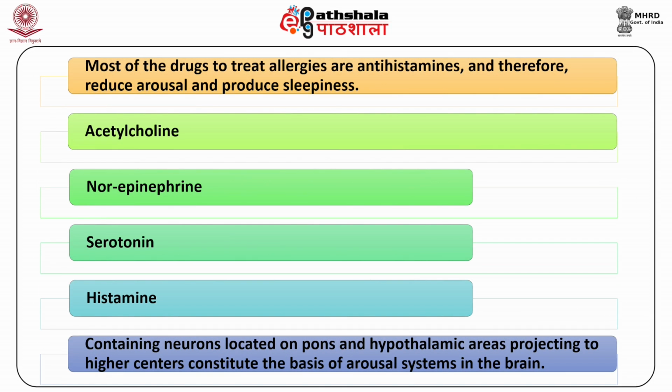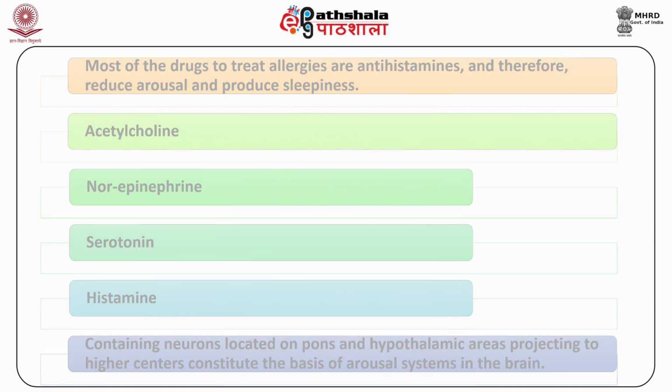Most of the drugs to treat allergies are antihistamines and therefore reduce arousal and produce sleepiness. Thus, acetylcholine, norepinephrine, serotonin and histamine containing neurons located in the pons and hypothalamic areas projecting to higher centers constitute the basis of arousal systems in the brain.